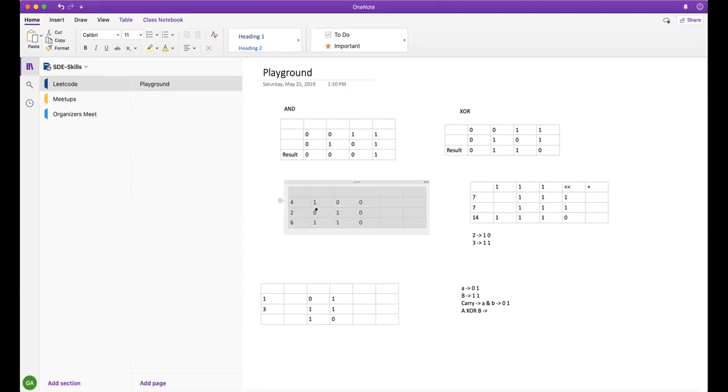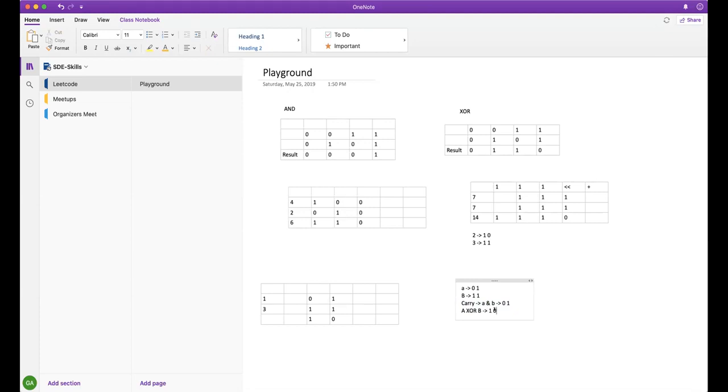A AND B gave us the carry at that location, so we first figured out the carry, and then we merge all the bits using A XOR B. In this case it will be 0 1 0.